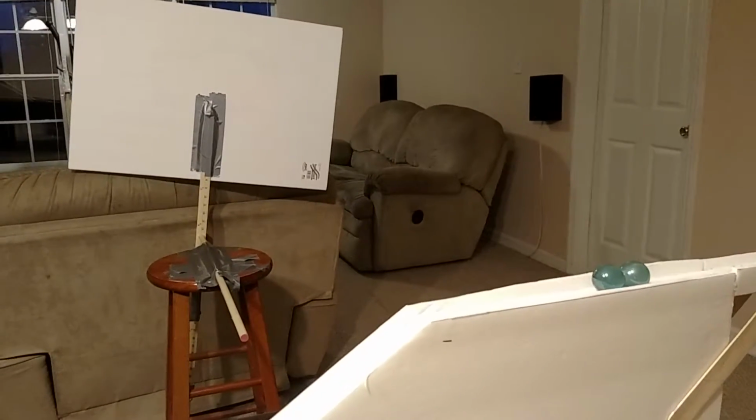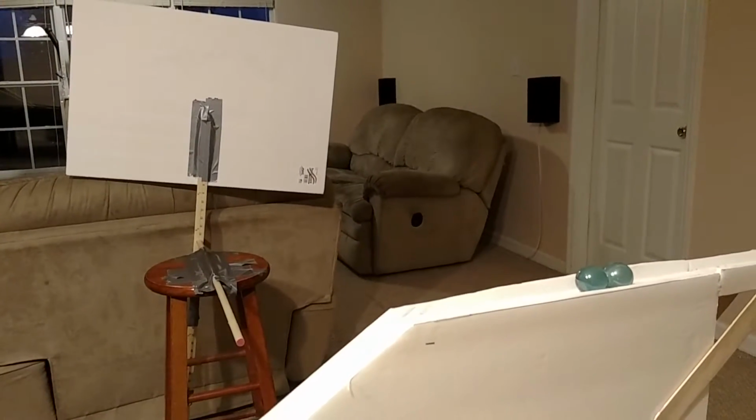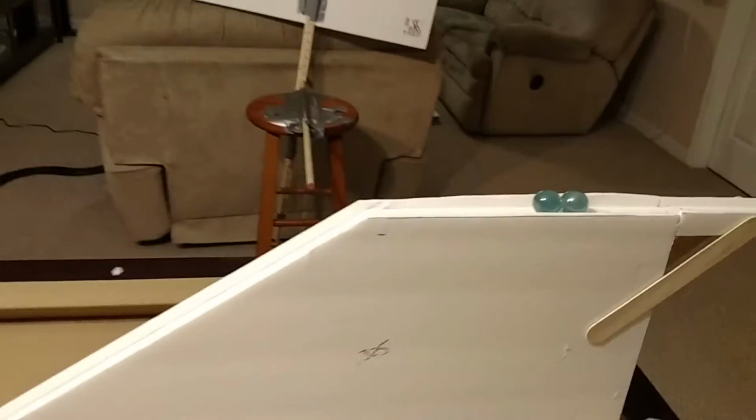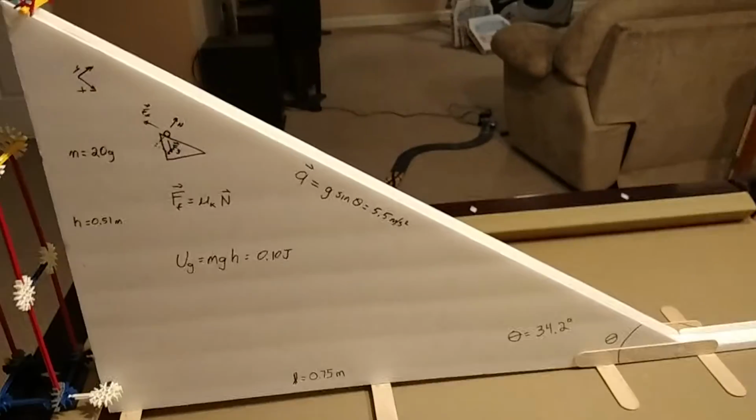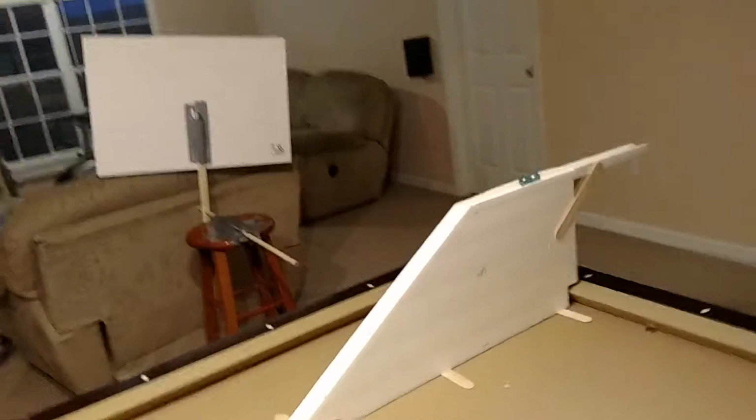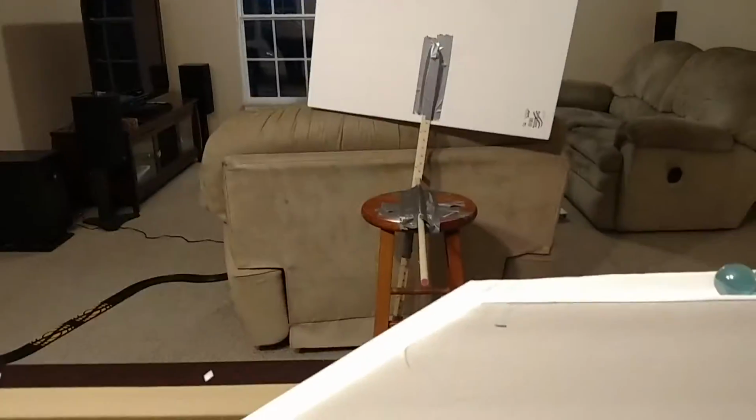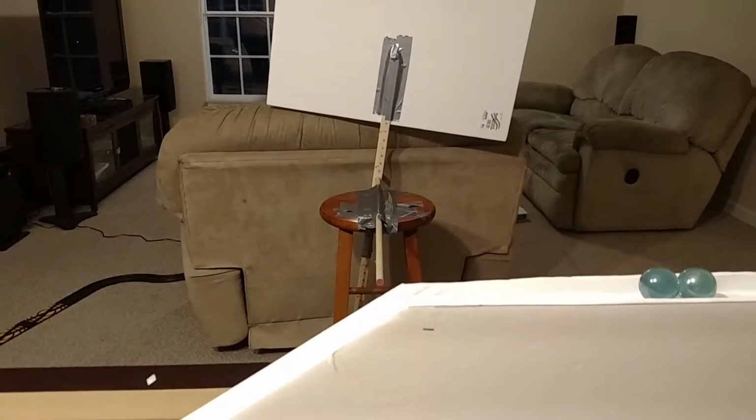So if we look at what the velocity would be here, well, this is 0.325 meters from the top of the pool table.